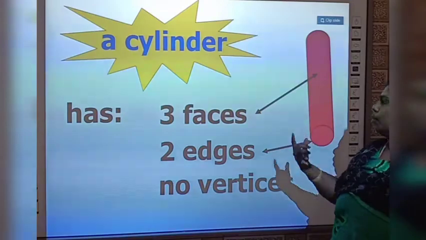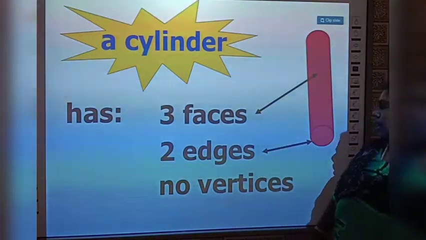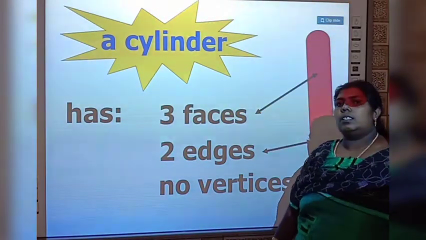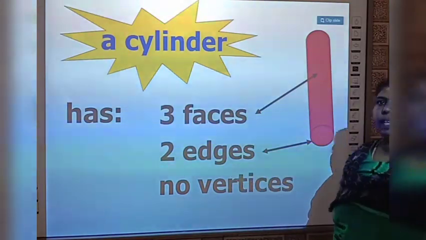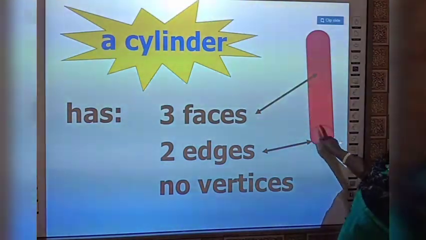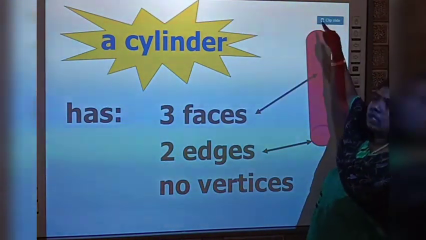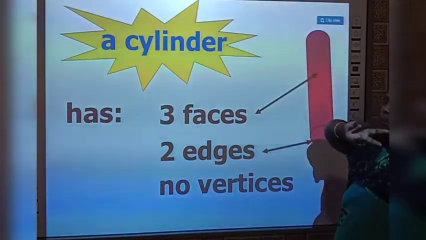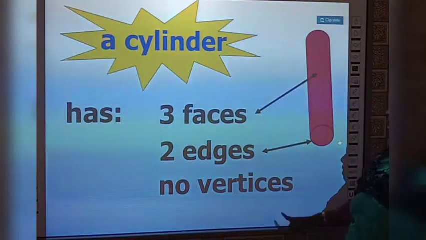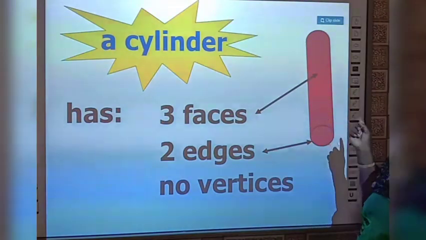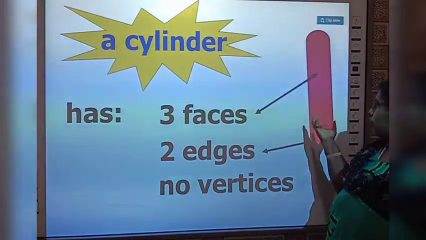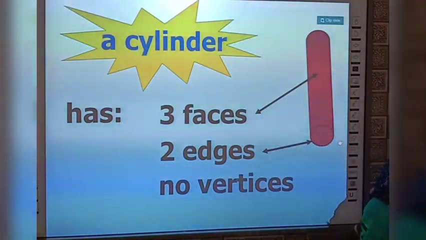Edges: 2 edges, here 1 edge and here also 1 edge. Then vertices. Can you see any vertices here? No, we cannot. So no vertices.